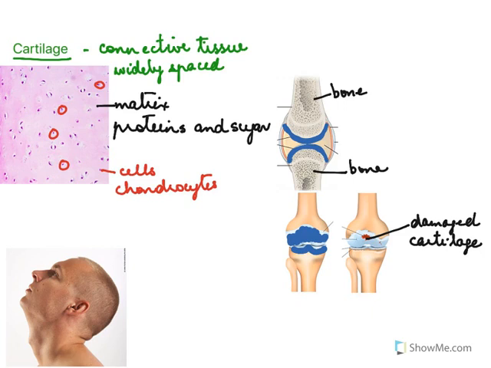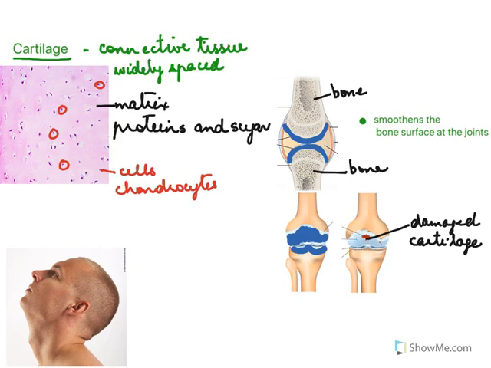He'll get pain when he begins to walk, because the bones will now rub against one another. So one of the functions of the cartilage is to smoothen the bone surfaces at the joint. So it is present at the ends of the joint.